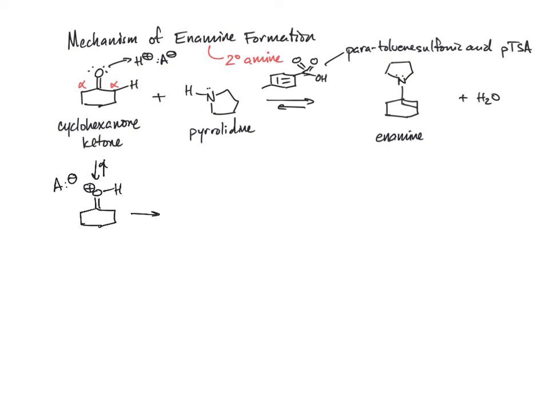I want to show you the resonance form so you can understand why the nitrogen is attacking. Plus, so that's how we get to the resonance form. We now have electrophile, nucleophile. The nucleophile attacks the electrophile.